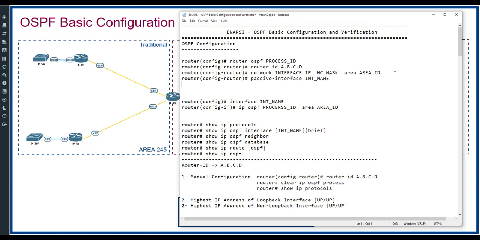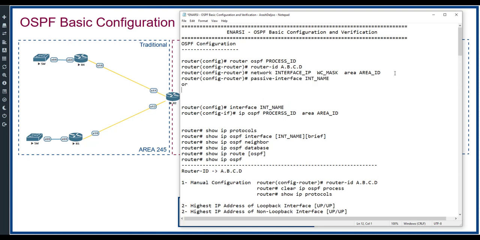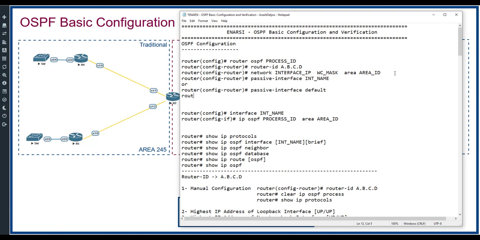Or, if you want, you can configure all interfaces as passive with passive-interface default, and some other interfaces as non-passive. It is exactly the same concept and configuration as the EIGRP passive interface, for example no passive-interface, then the name of that interface.